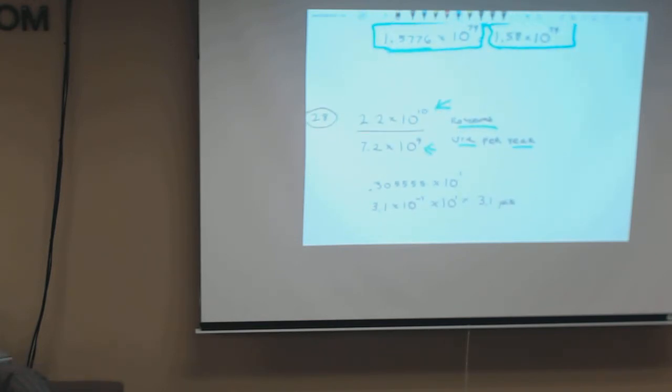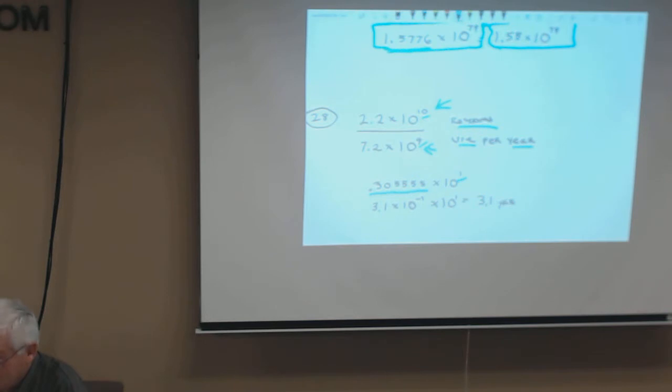Well, then go 2.2 divided by 7.2 is this number right here. And then 10 to the 10th divided by 10 to the 9th would be 10 to the 1st.